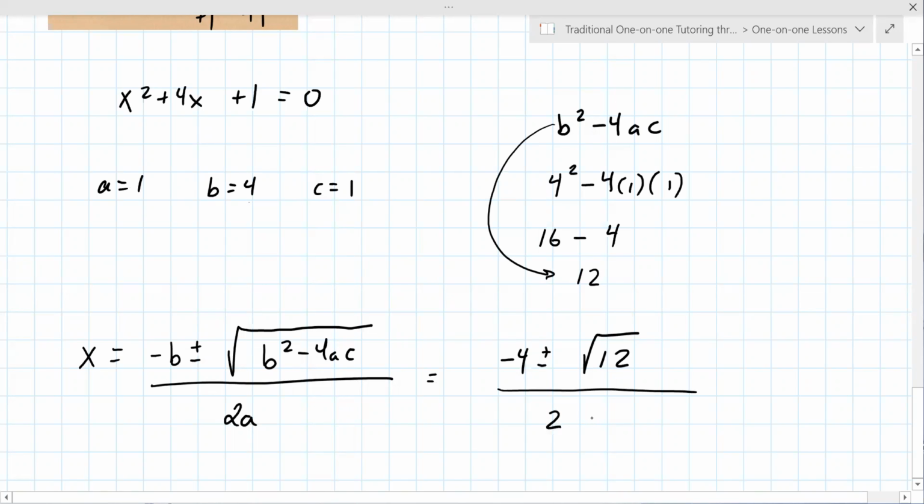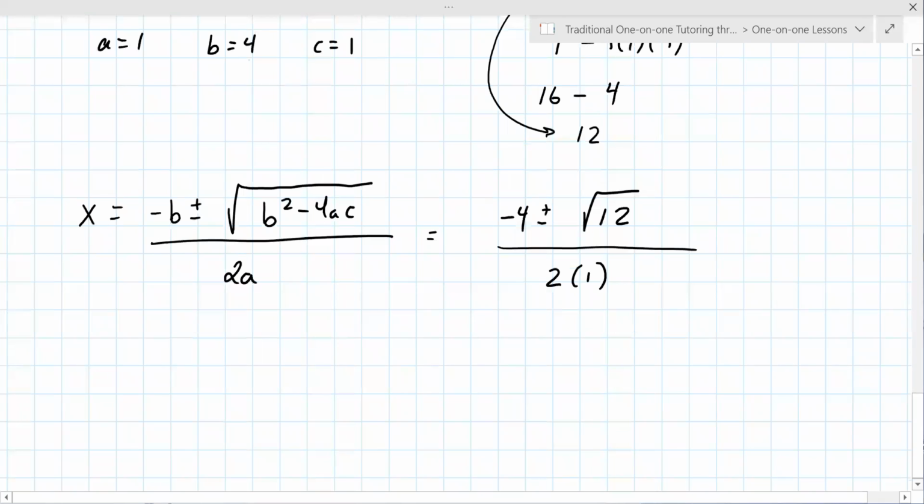What is the value of A? 1. Oh, wait. Yes, A is 1. Okay. All right. Yeah, it's 1. So it's 2, 1, and then you just have to add 12 and subtract 12.